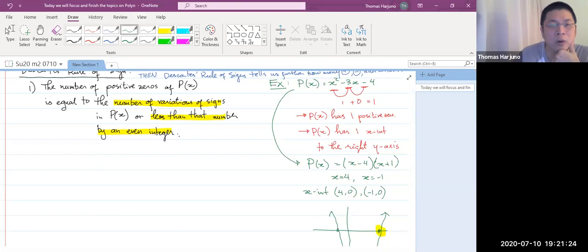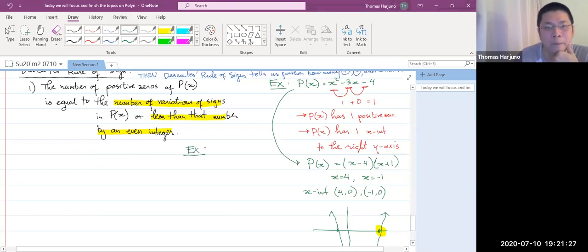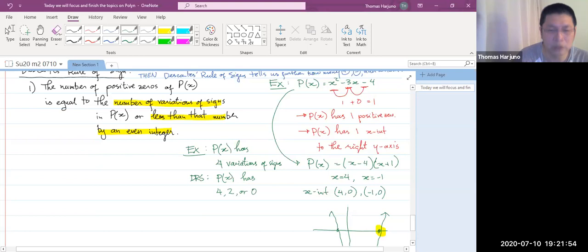So another example, suppose P(x) has 4 variations of signs. Then according to Descartes' rule of signs, P(x) has either 4, or subtract by 2 is 2, or subtract by 2 is 0, positive zeros.